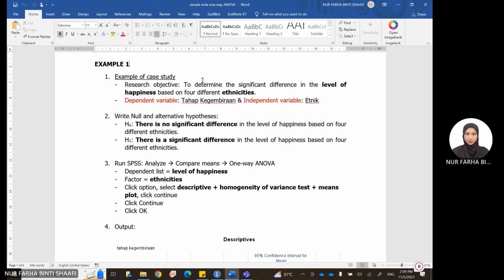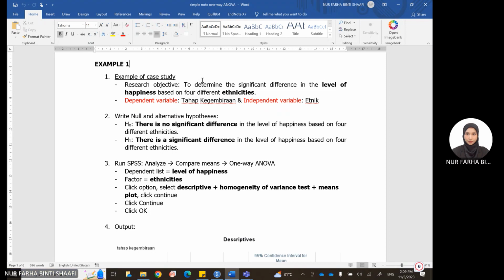For example, I write: to determine the significant difference in the level of happiness based on 4 different ethnicities. You have 2 variables there, one dependent and one independent. Your dependent variable is level of happiness. Independent is your ethnicities.